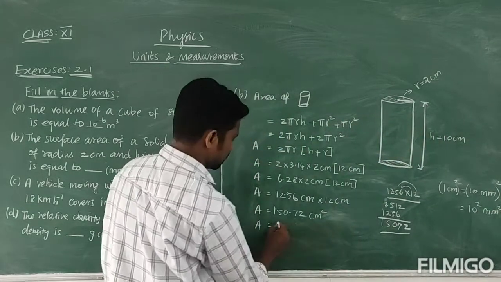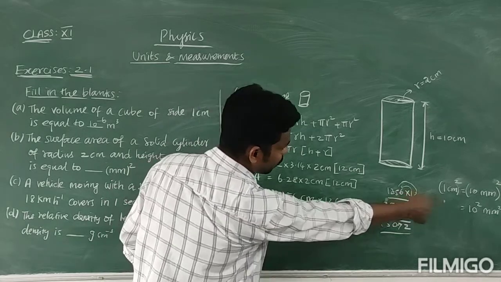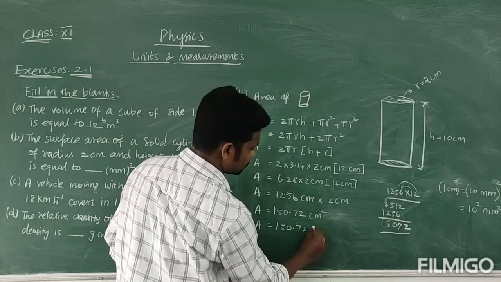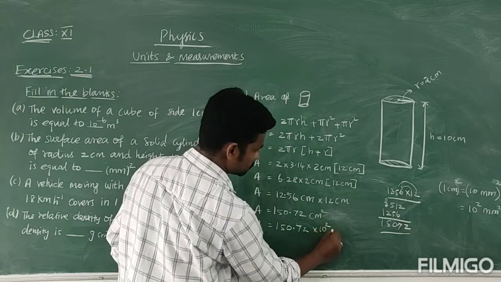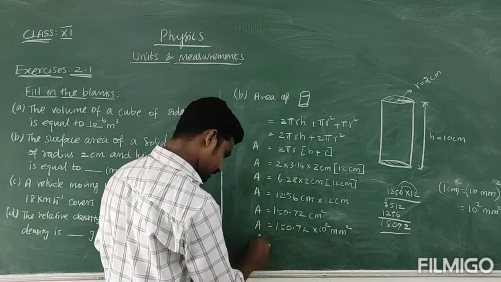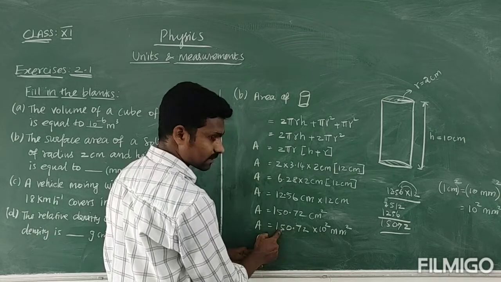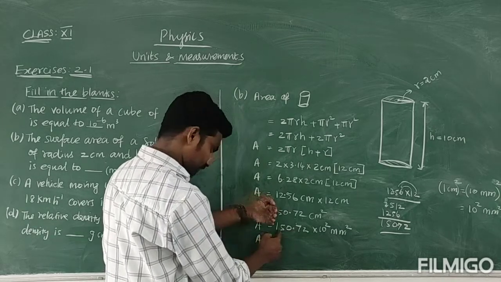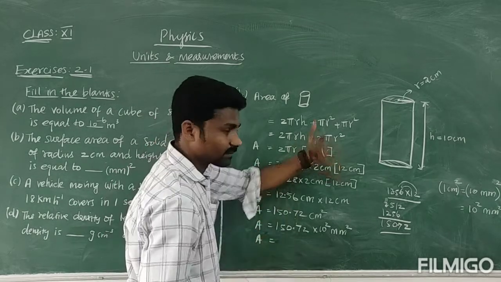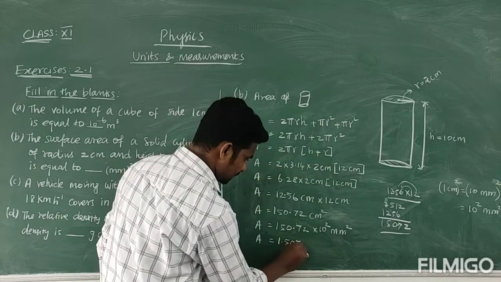So I write here 150.72 centimeter square, how it is converted into 10 power 2 millimeter square. Or you can simplify again, see that 2 decimal back. So when the decimal moves back, the power value will increase, so we can write 1.507.